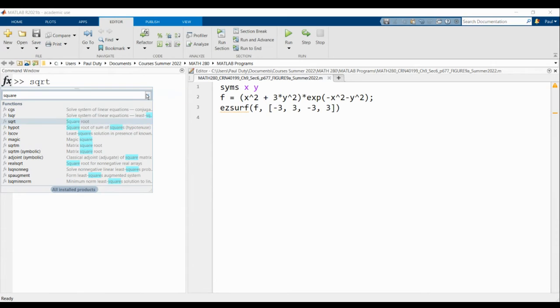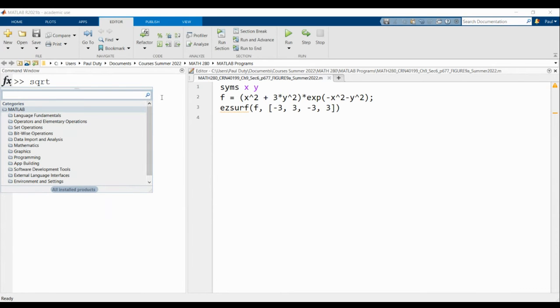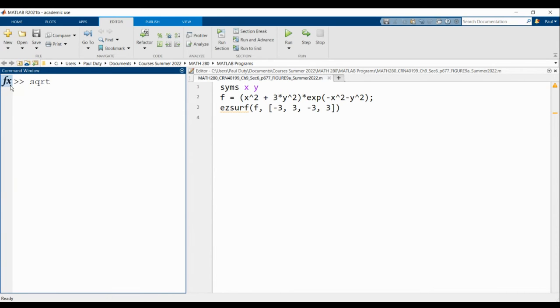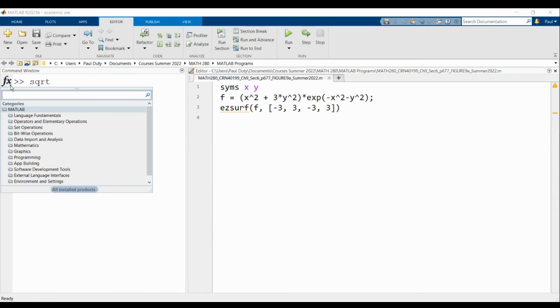And again, you just click above or below the little function symbol, and then it's very thorough. Okay, so that's our introduction to MATLAB, and that's really designed to help you with a particular problem in section 9.6, where you have to match some surfaces with some functions.